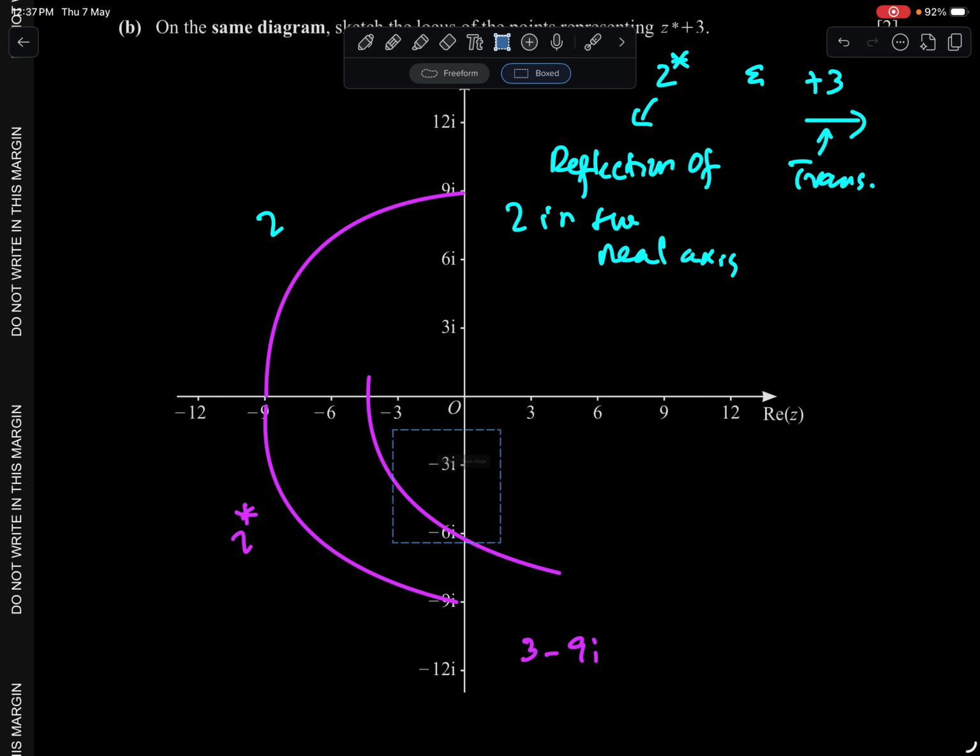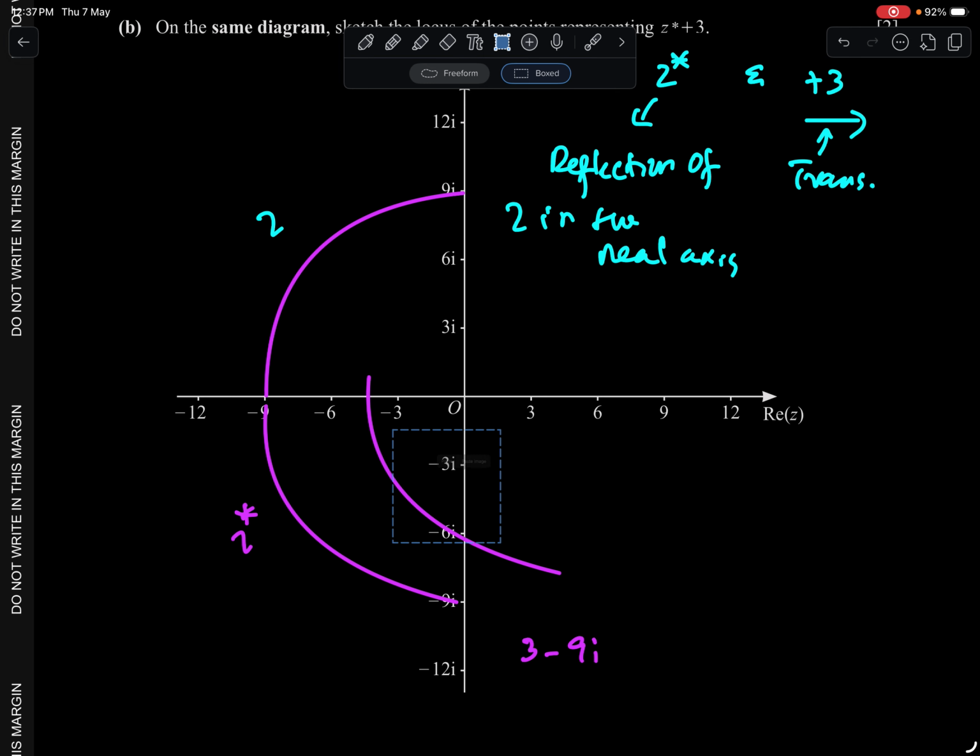Now see, this point is 3 minus 9i, and this is minus 6 plus 0i. This is the final sketch.